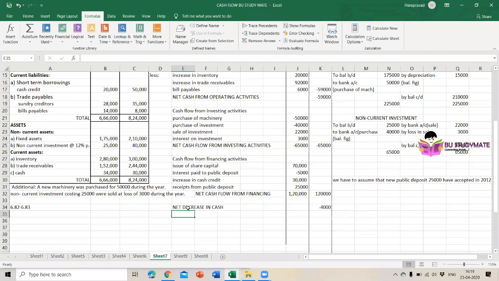Then we have to add the cash at the beginning of the period. How much do we have at the beginning? We have 34,000.